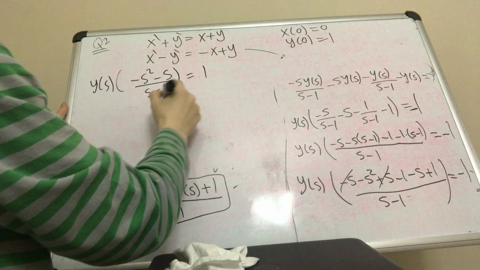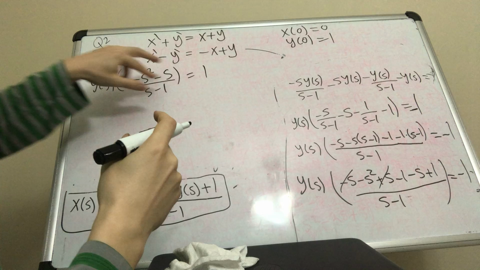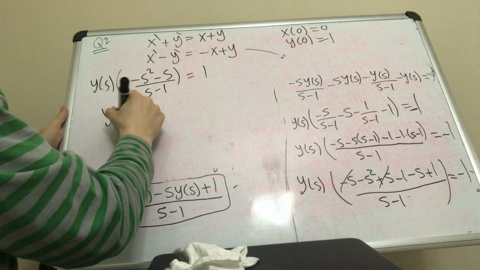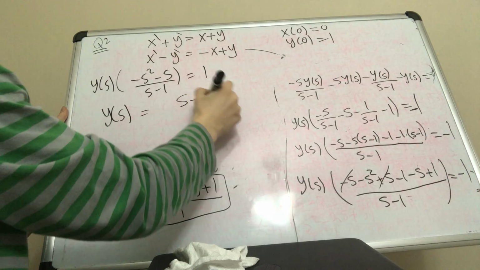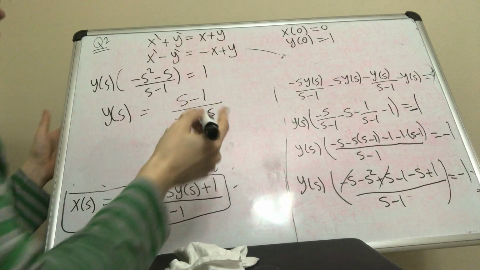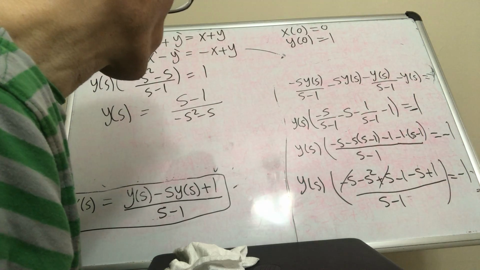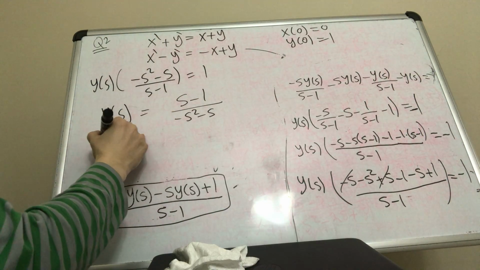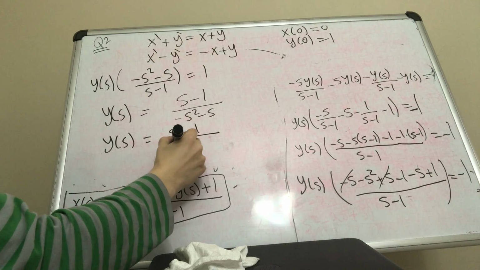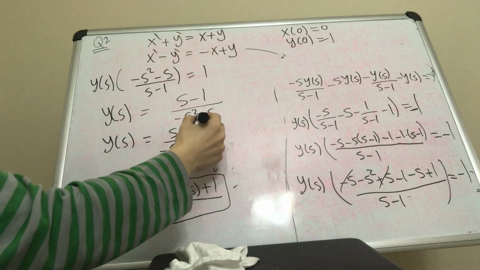equaling negative 1. To move this over, you have to flip it. And minus s squared minus s. I can take minus s common factor.